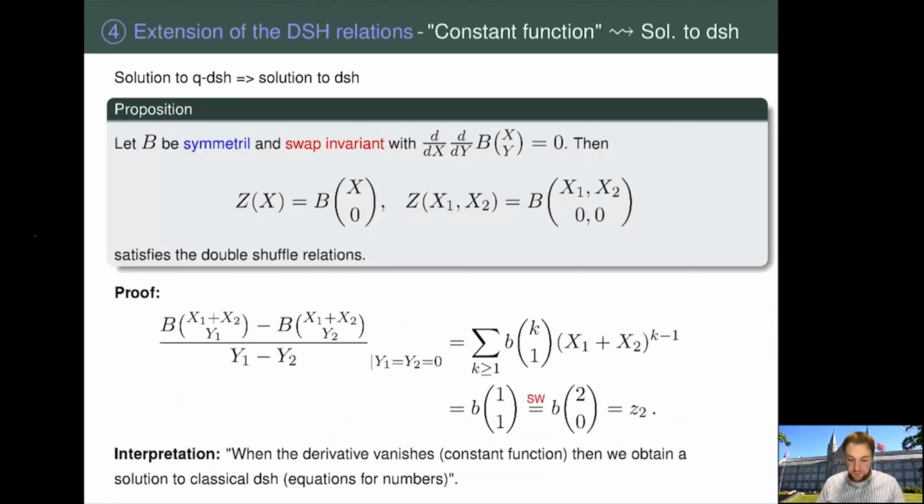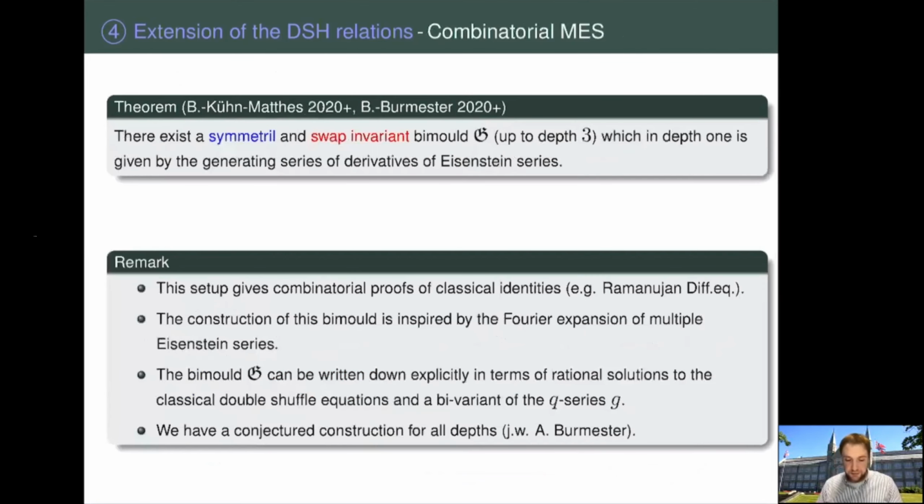And so maybe I skip this part, because the statement is that we can actually find a solution for symmetrical and swap invariant, which in depth 1 are exactly given by Eisenstein series and their derivatives. And this somehow can be seen as an analog to these rational solutions for the classical double shuffle equations, but now for this new problem here.